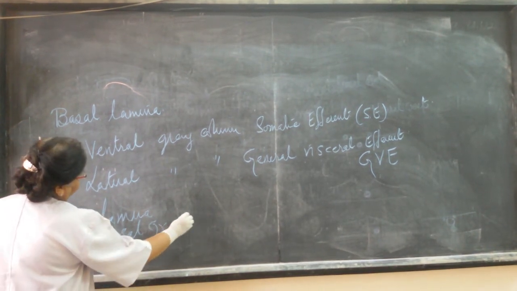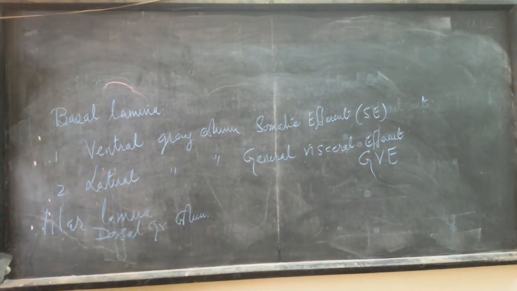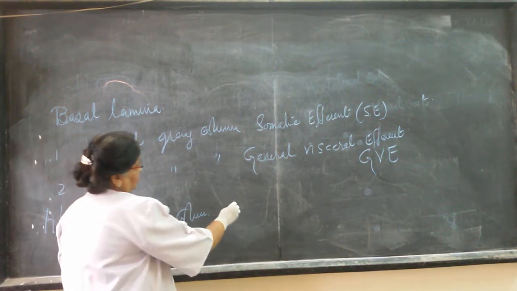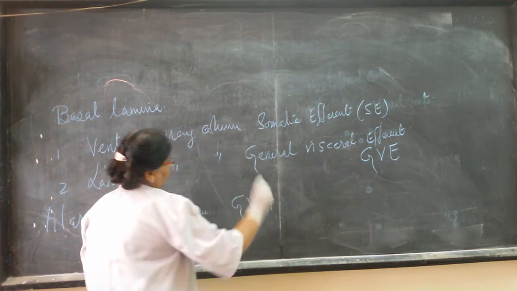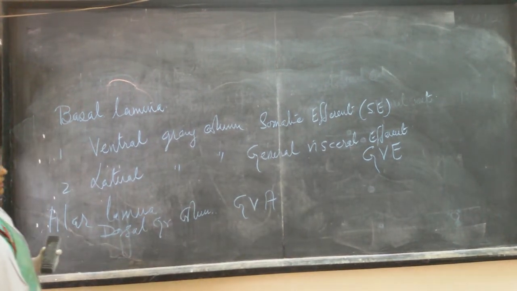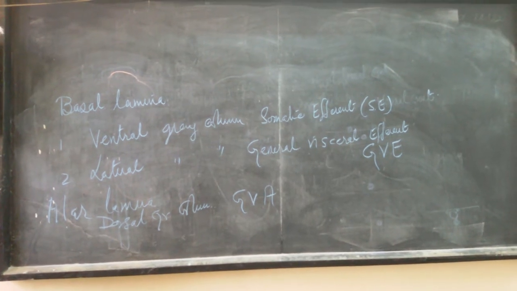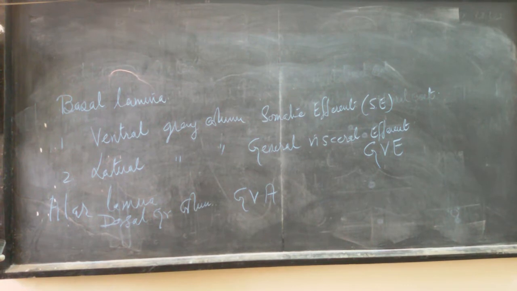And this has two components. General visceral afferent. This carries sensation from the viscera and the blood vessels.